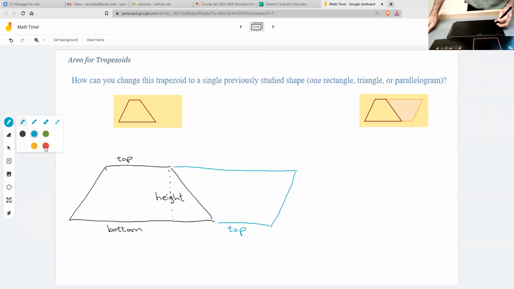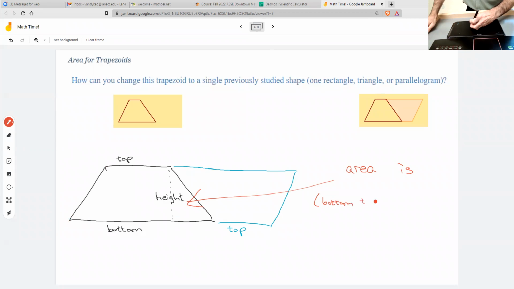So the area of this thing is going to be the whole length of the bottom, which we're calling bottom plus top, times the height.